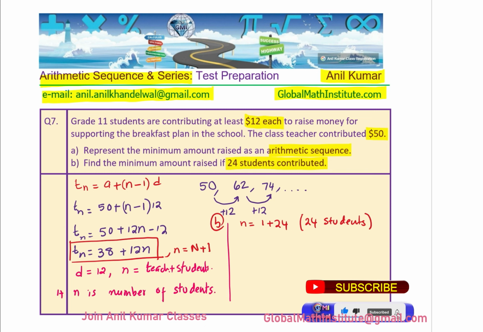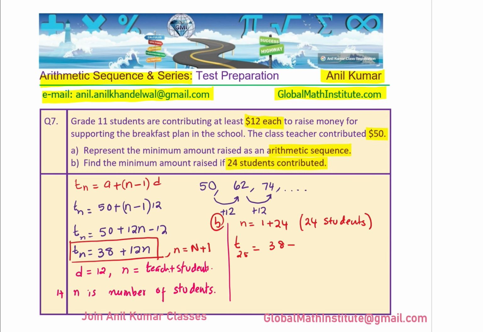The nth term is this. So here in this formula, we want to find the minimum amount raised if 24 students contribute. So 50 plus 24 more. So we have 25 terms, and T25 is what we are going to calculate. That is going to be 38 plus 12 times 25.